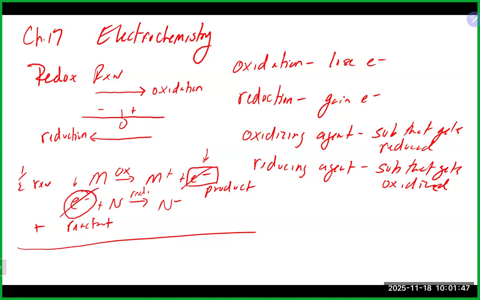We finished up talking about how to balance redox reactions in acidic or basic conditions, and a reminder that when we do that, we use the water method to balance, where we add water to balance the oxygens. And because we are adding water, we do need to add two H pluses to the opposite side. We add the water to balance out the hydrogens that we put there.